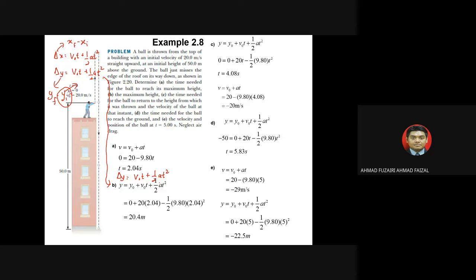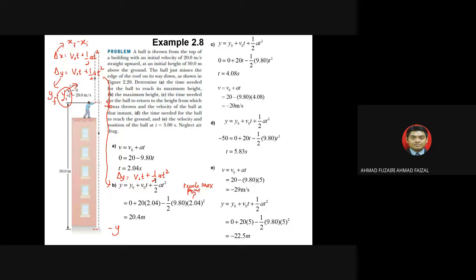So don't get confused. Y naught means the original position, dekat sini. This is considered to be Y naught. Ujung ini considered to be Y, maksud dia final position dia. But in this case, based on the time yang kita akan gunakan, which is 2.04, it is the time where it reaches the maximum point.